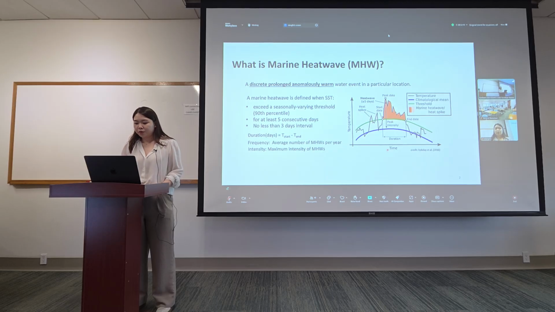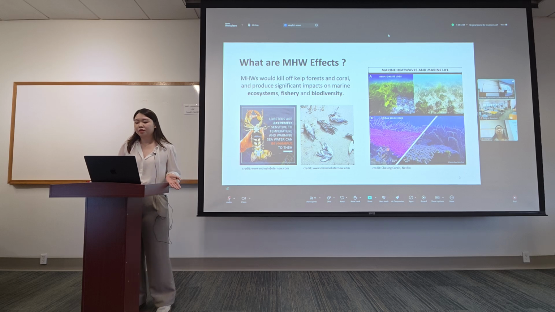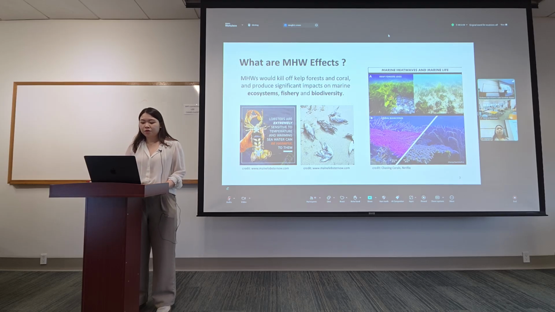Marine heat waves are not just temperature anomalies, just warm anomalies. They have real and strong impacts on marine ecosystems, fisheries, and also biodiversity. Here I show 2 groups of photos, which show the ecosystem before and after marine heat wave events. We can see marine heat waves can lead to widespread die-off of kelp forests, and also large scale coral bleaching.